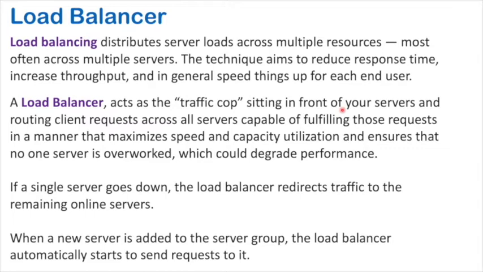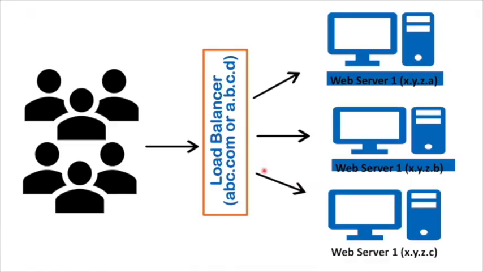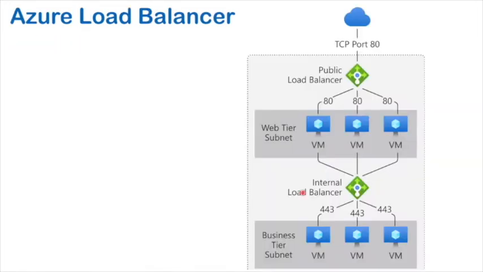The interesting thing is that if, out of 3 servers, 1 is down, the load balancer will divert the traffic only to the active web servers. And the moment you add one more web server, it again distributes the traffic among all the healthy web servers, right?